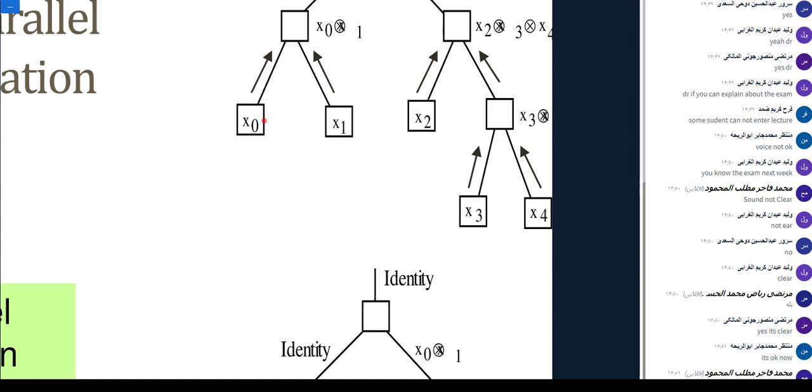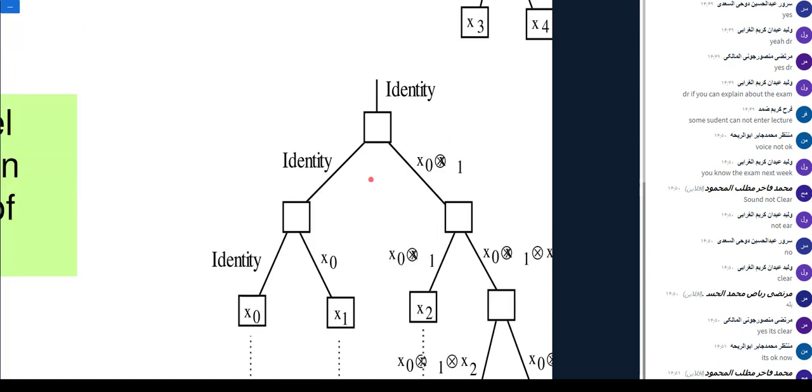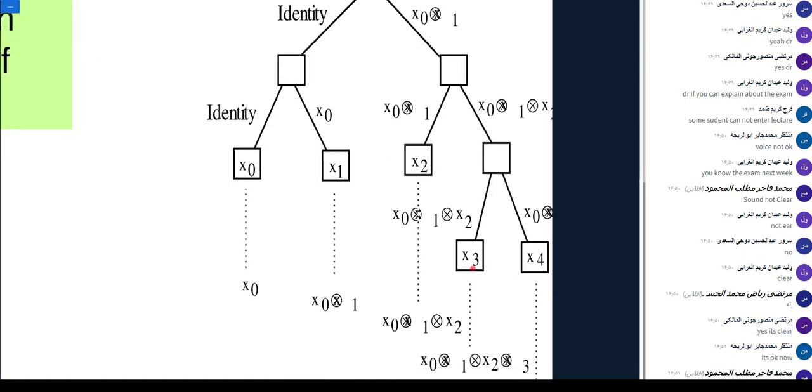How about the leaves? The leaves are values x0, x1, x2, x3 and so on, at the beginning, I mean.